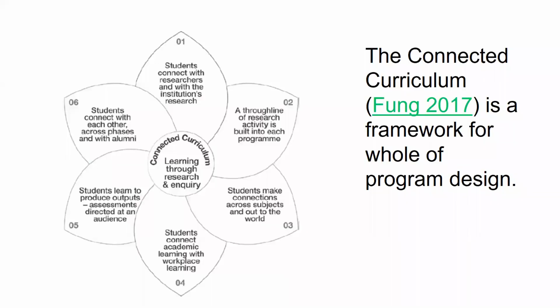So we'll have a look at the framework. One of the other nice things about this framework is that it presents as a flower rather than just a list of things. So this is about connecting students with the discipline, with each other, and with the major thinkers in the discipline. You can see there that it's talking about learning through research and inquiry. So we've got the numbered petals.